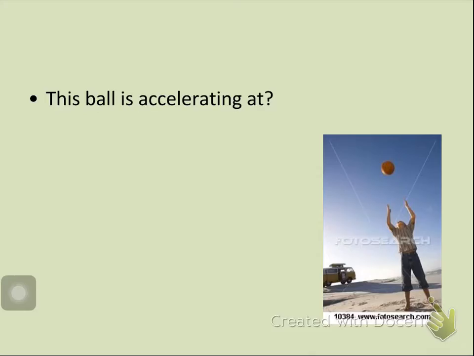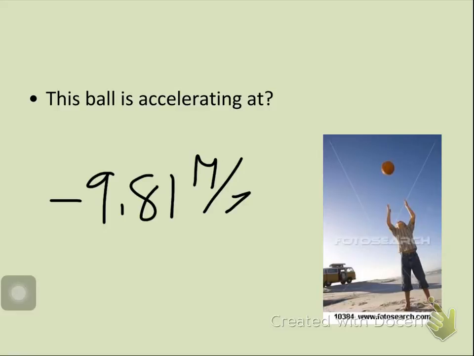When we throw a ball up in the air, as many of you have recently, guess what its acceleration is? Negative 9.81 meters per second squared. As it's on its way up, guess what its acceleration is? Negative 9.81 meters per second squared.